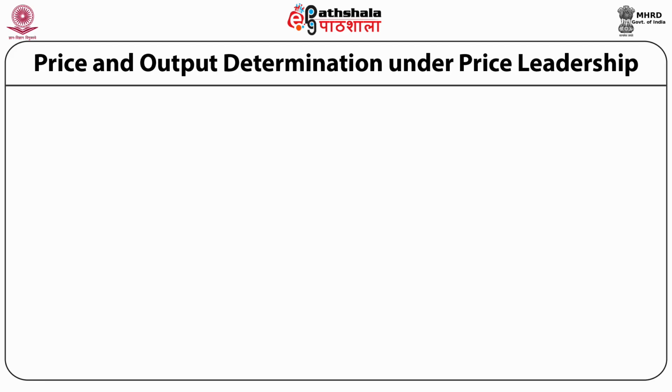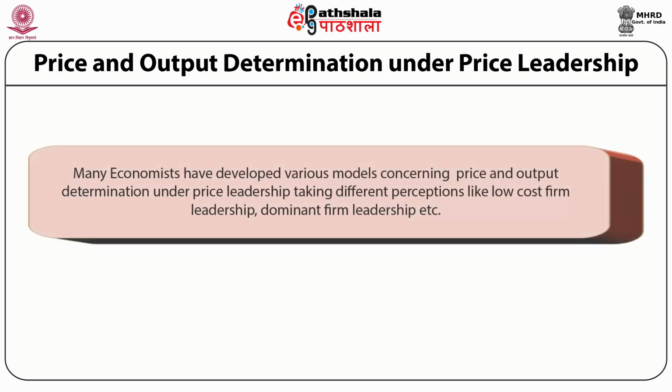Price and output determination under price leadership. Many economists have developed various models concerning price and output determination under price leadership, taking different perceptions like low-cost firm leadership, dominant firm leadership, etc. But the low-cost leadership is more accepted on economic consideration as shown under.